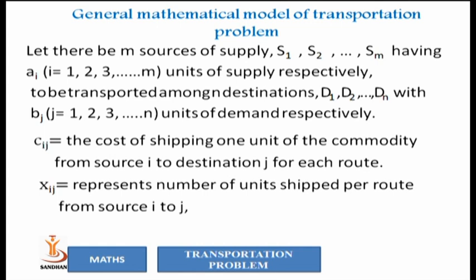Here, Cij is the cost of shipping 1 unit of the commodity from source i to destination j for each route. And Xij, which we have to find out, represents the number of units shipped from source i to destination j.